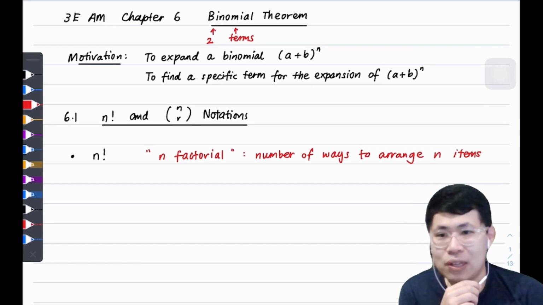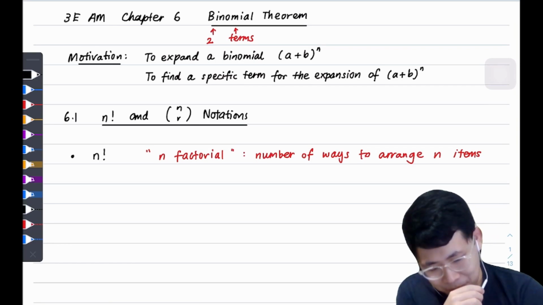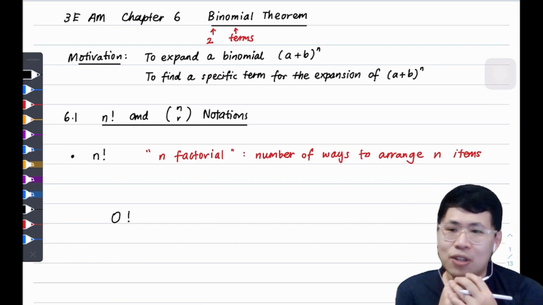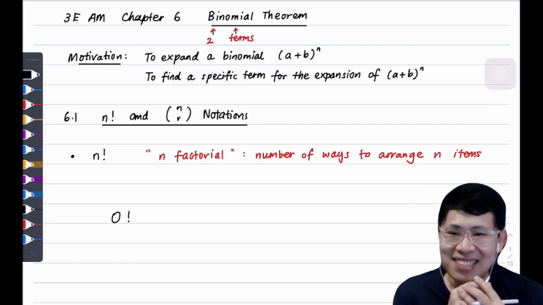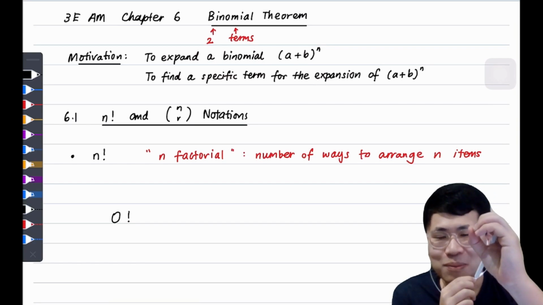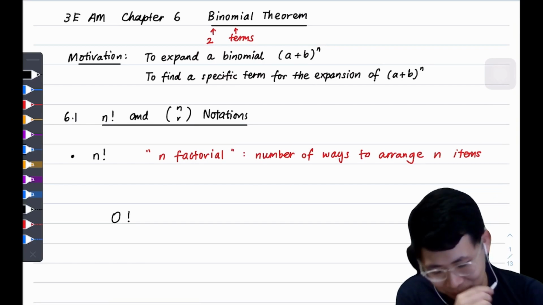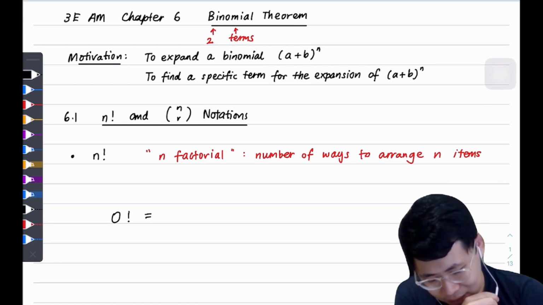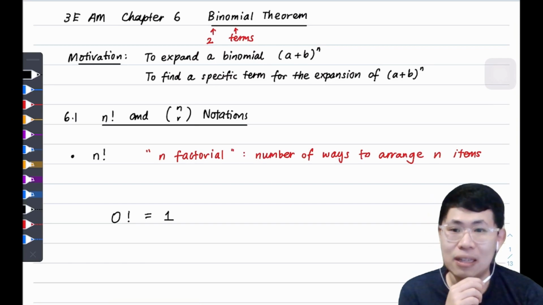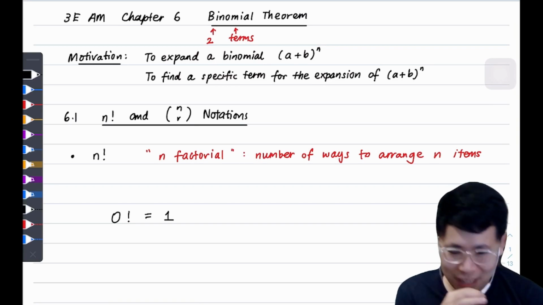Let's build up our knowledge about this. Let's go with this one over here first. What on earth is 0 factorial? What is the number of ways to arrange 0 items? Actually there's just 1. So we define 0 factorial as equal to 1. This is a chosen number, because technically speaking, the number of ways to arrange no items is just one way.